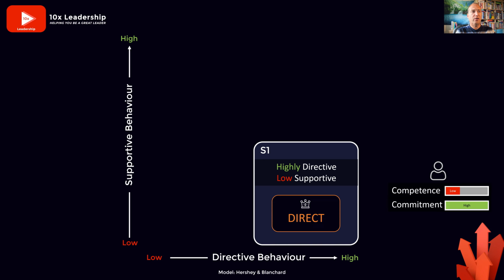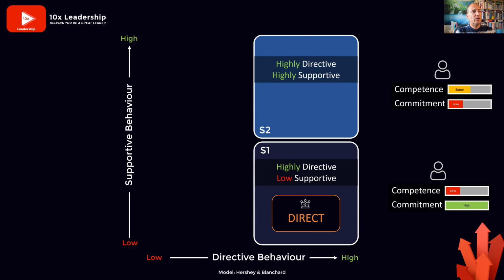That's the first scenario. The second scenario is where you have somebody with some competence, but actually their commitment is quite low. So you've got somebody here who knows what they're doing, and you can trust to deliver, but actually their commitment isn't where it needs to be, and that's the bit you're worried about.